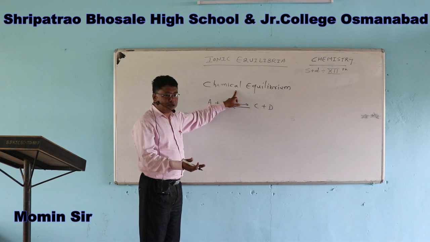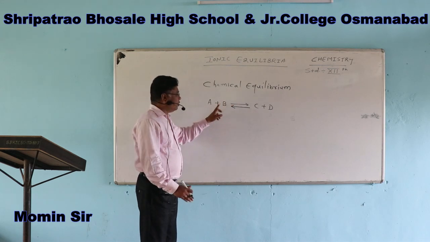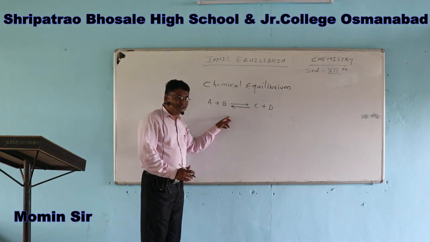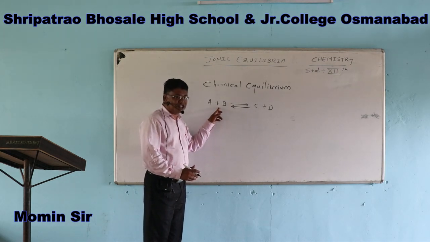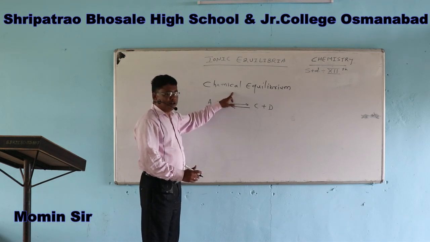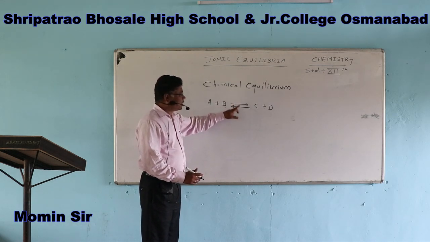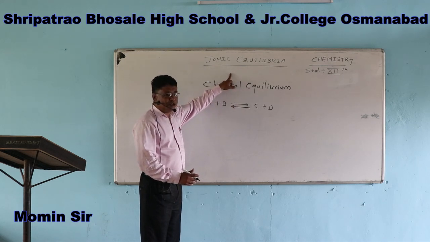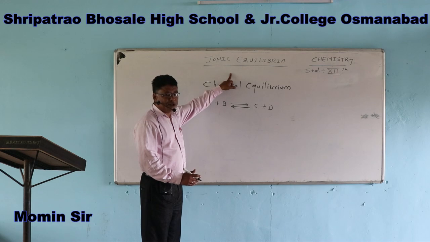So what is called chemical equilibrium? Whenever the rate of forward reaction and rate of reverse reaction is the same, that is called chemical equilibrium. So the concept of chemical equilibrium is useful to study ionic equilibria.